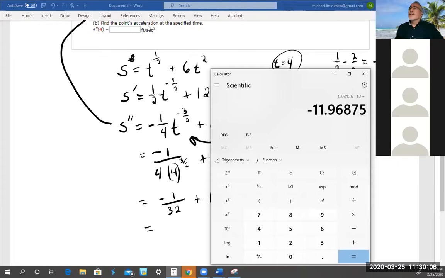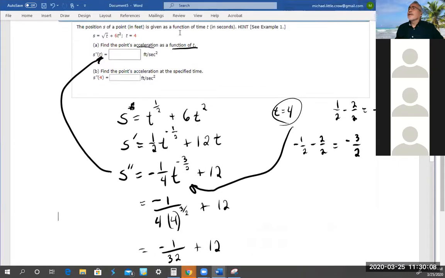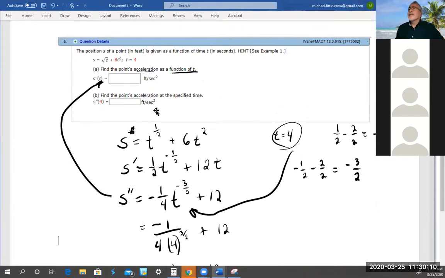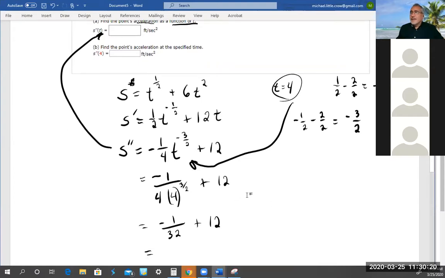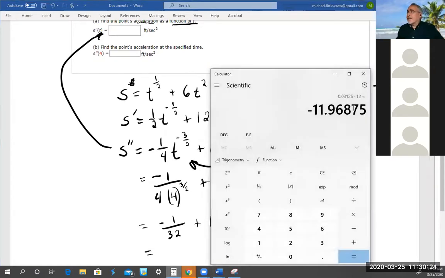Well, they don't tell you. They don't tell us how, so I would use 4 decimal places if they don't specify, and then we should be good. So 11.9688? Yes. Okay, 11.9688.